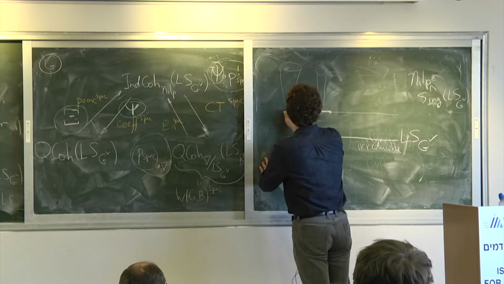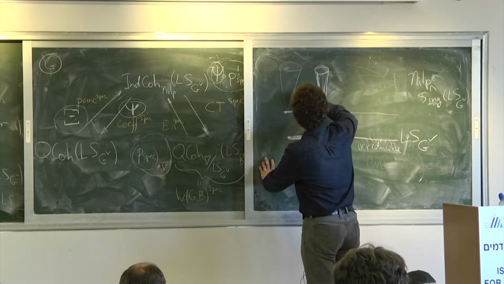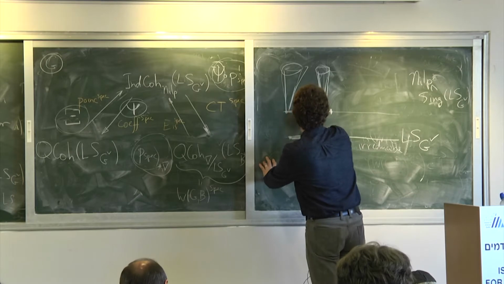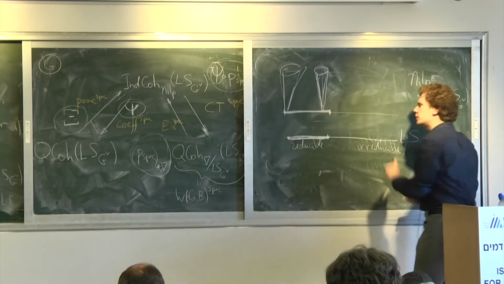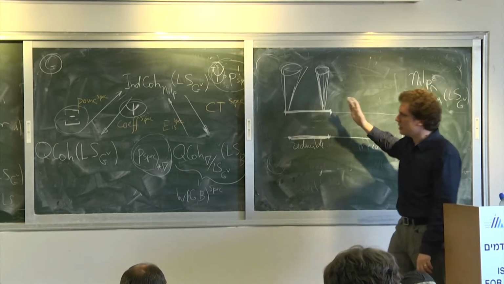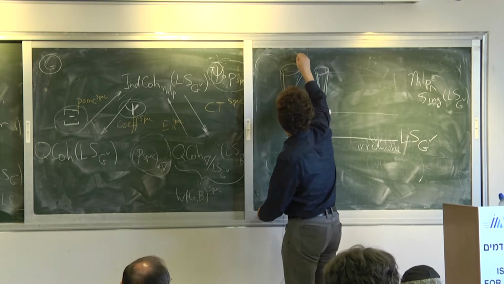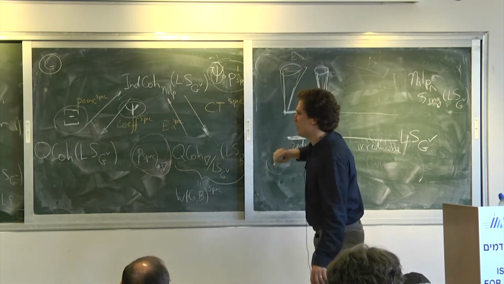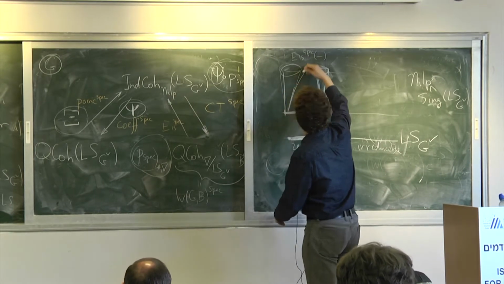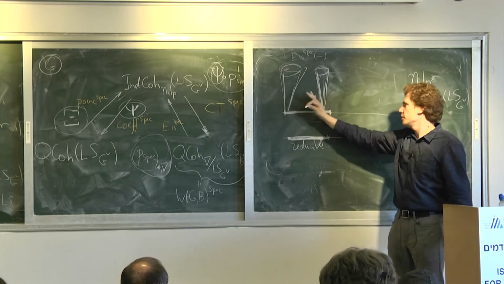So I claim that everything with support here, well, it's kind of clear that if you apply this spectral Eisenstein functor to anything, its singular support will land here.